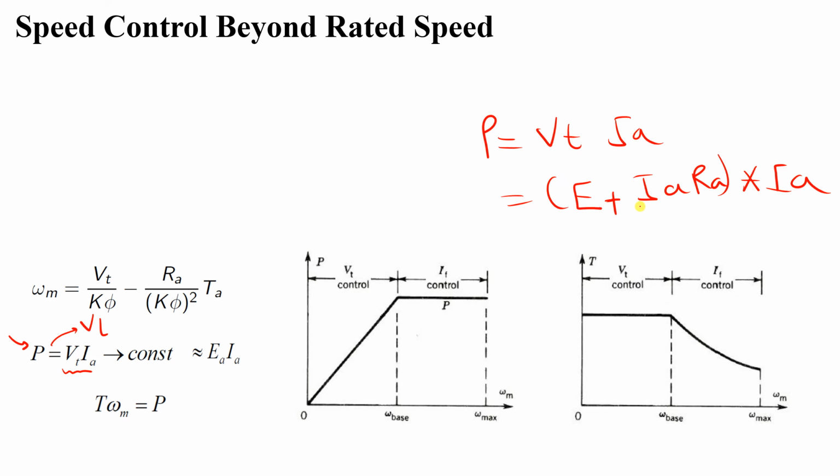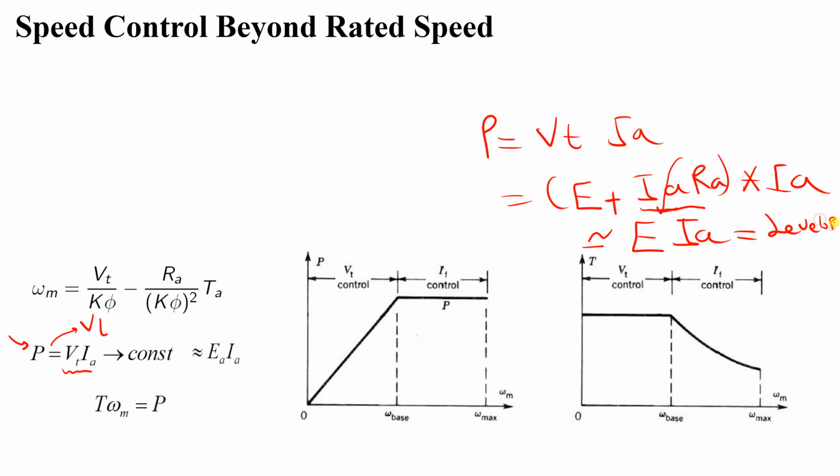And since the voltage drop is small compared to the induced EMF, we can neglect this part. So it will be approximately equal to induced EMF times IA, which is our developed power, right?